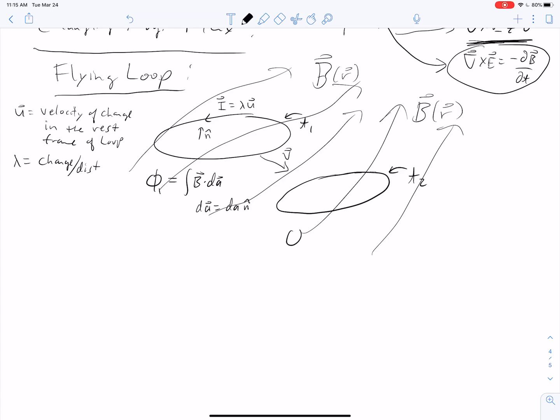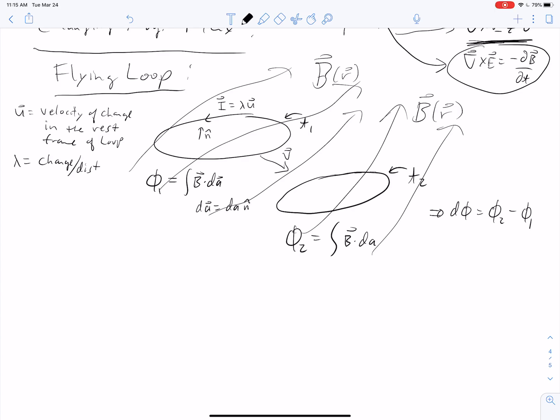I'll call it phi 2, which is also the integral of B dot dA, but now it's in the new location, so the B field is different. And so we can see that the change in flux d phi is equal to phi 2 minus phi 1.